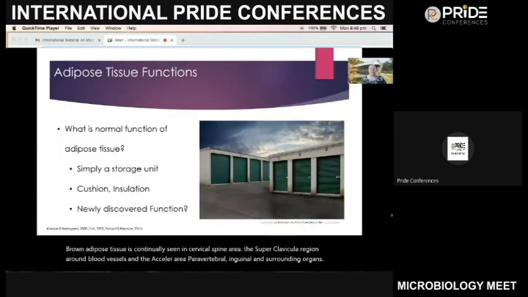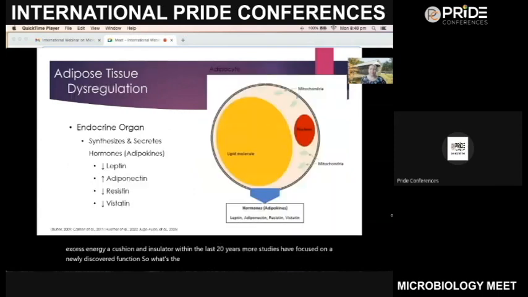As I explained earlier, the historically known functions of adipose tissue included storage for excess energy, a cushion, and insulator. Within the last 20 years, more studies have focused on the newly discovered function. So what's the function? More recently, adipose tissue has been classified as an endocrine organ because it synthesizes and secretes hormones like other endocrine organs.